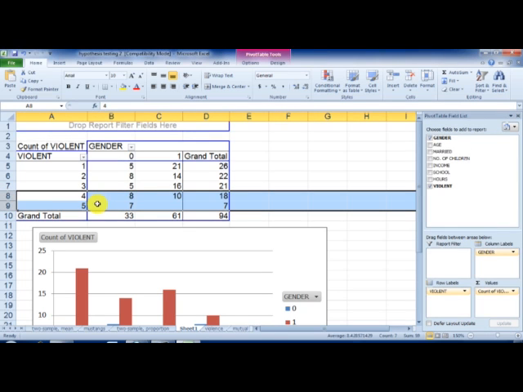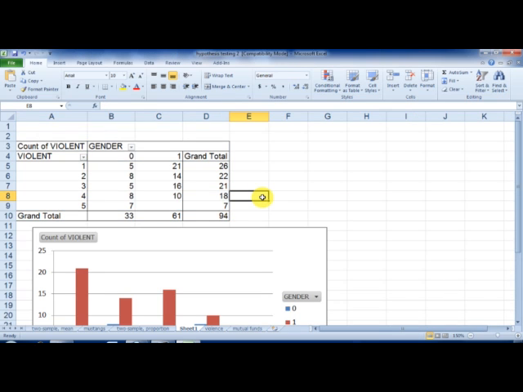So it's the 8 plus 7 out of 33 versus the 10 out of 61. That was my choice to group these two categories together. Would you have to group any categories together? No, but that's a way for you to have a larger number of observations in your group, but you would not have to do that.